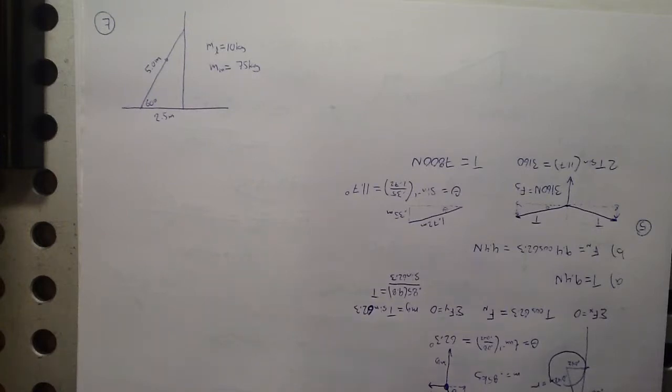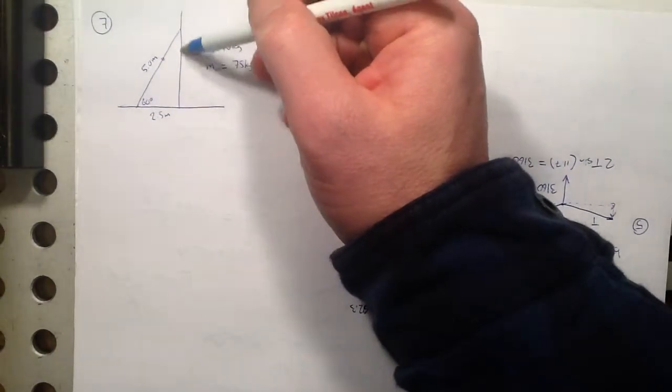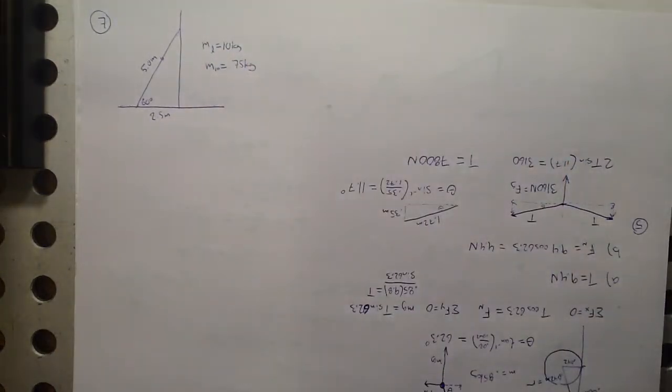When the window breaks, neglect friction between the ladder and the window, so no force of friction there, just the pressure from the window, and assume the base does not slip. When the window is on the verge of breaking, what are the magnitude of the force on the window from the ladder, the magnitude of the force on the ladder from the ground, and the angle relative to horizontal of that force on the ladder.